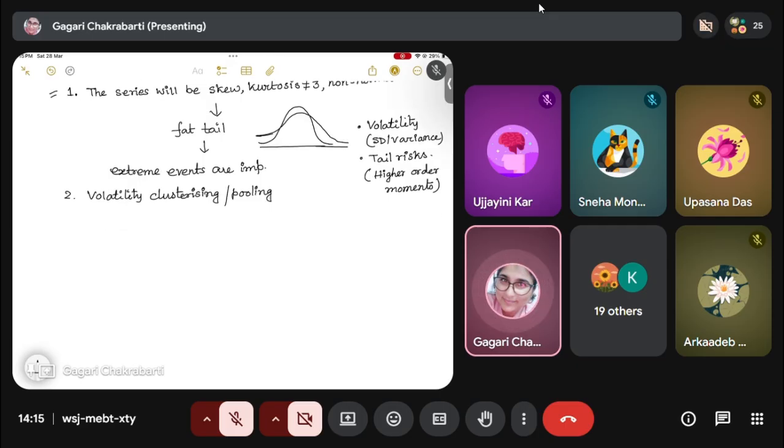So periods of high volatility will be followed by periods of high volatility. ধরো তুমি ভীষণ ভোলাটাইল পাচ্ছ, হ্যাঁ, so it will be like this, and periods of low volatility will be followed by periods of low volatility. তারপর আবার ধরো এরকম একটা ভীষণ ভোলাটিলিটি হলো, আবার একটা এরকম small volatility period, low volatility period.